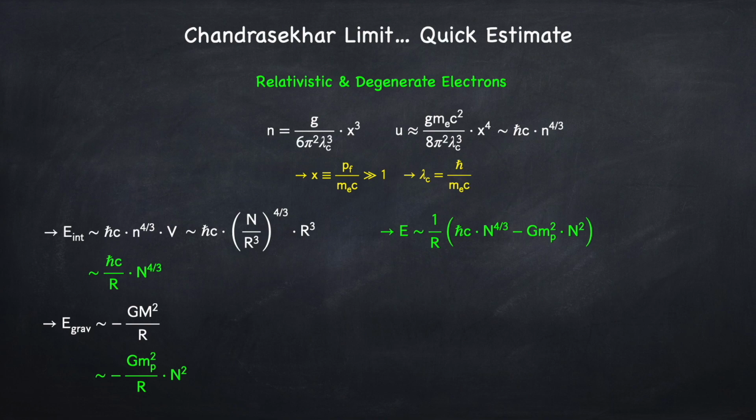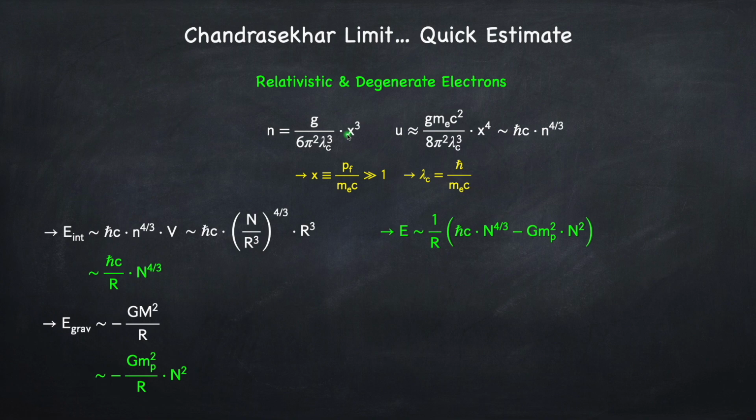What happens if n is small? If n is small, this term will be the larger term, and the total energy will be positive, and increasing the radius will lower the energy. And since nature wants to minimize energy, this star will increase its radius, but increasing the radius means you're lowering the density, and the density is proportional to this relativity parameter cubed. So if you lower the density, you're going to lower this relativity parameter, which means eventually the electrons will become non-relativistic.